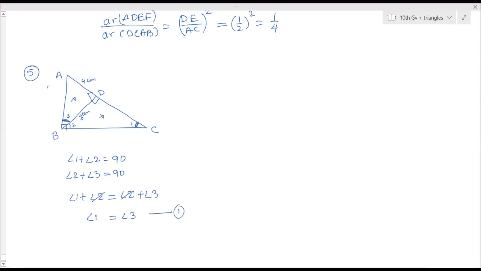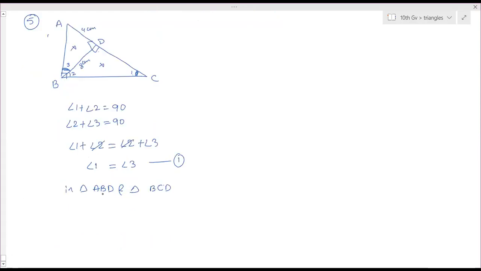So this is 1. Therefore, in triangle ABD and triangle BCD, angle ADB is equal to angle BDC, both are 90 degrees.